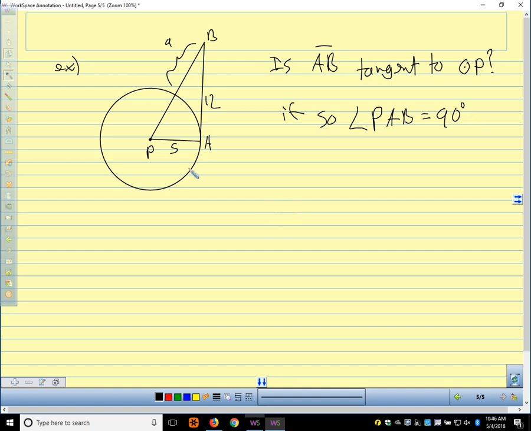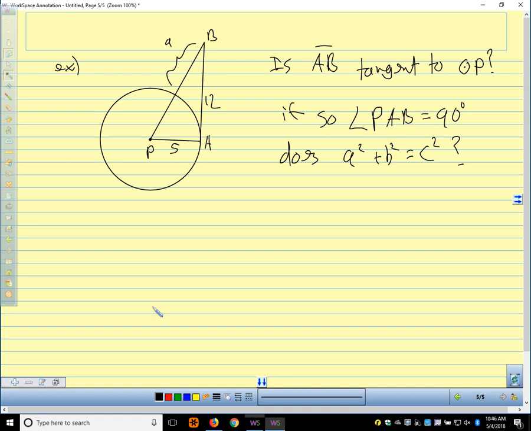So what the question is really asking us is, does a squared plus b squared equal c squared? Does the Pythagorean theorem work for this triangle? If the Pythagorean theorem works, we know it's a right triangle.